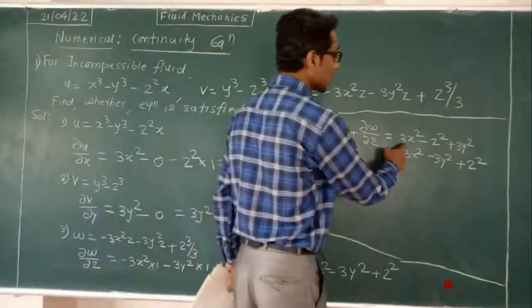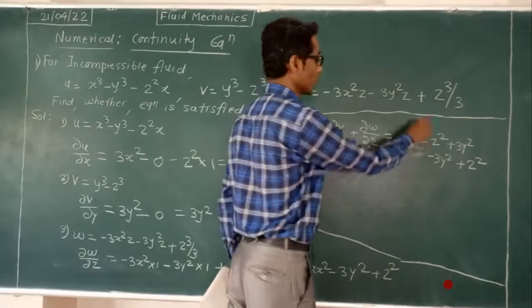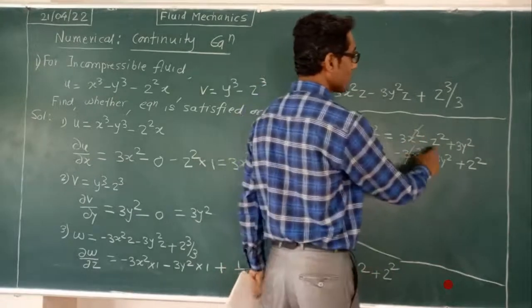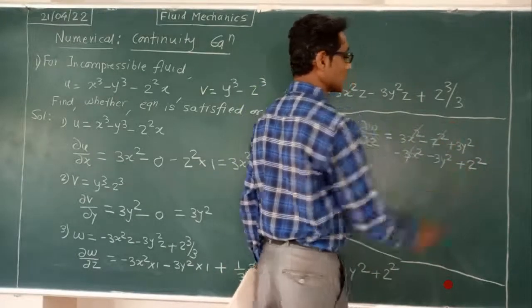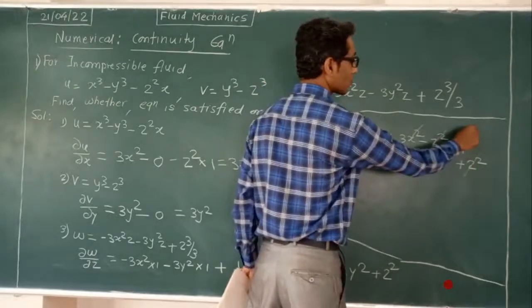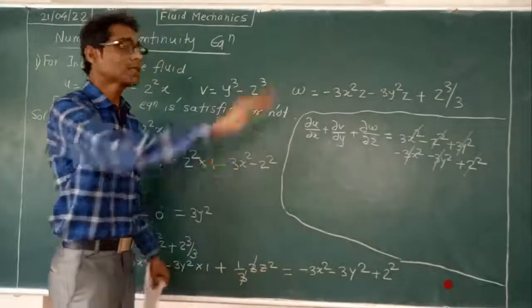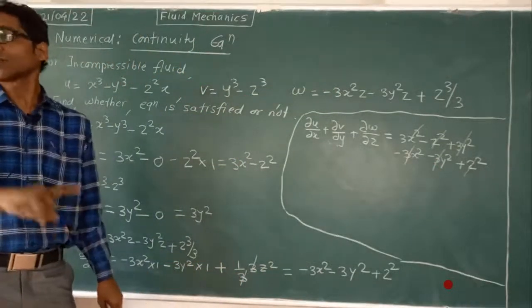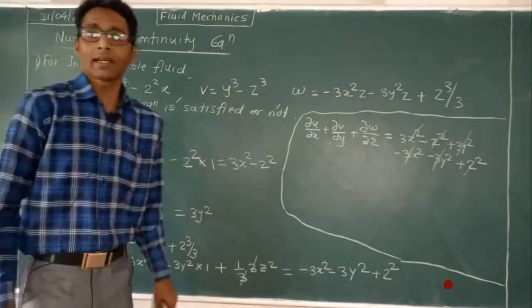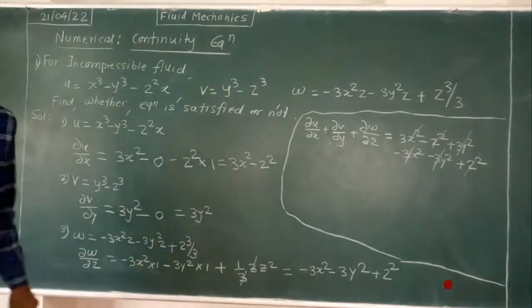Here is a plus 3x², here is minus 3x². Here is minus z², here is a plus z². And here is a plus 3y², here is a minus 3y². Means all these expressions are getting subtracted from each other, means getting cancelled.